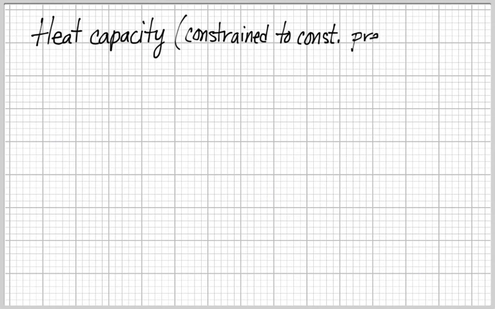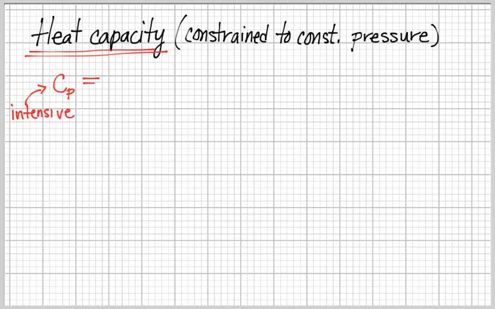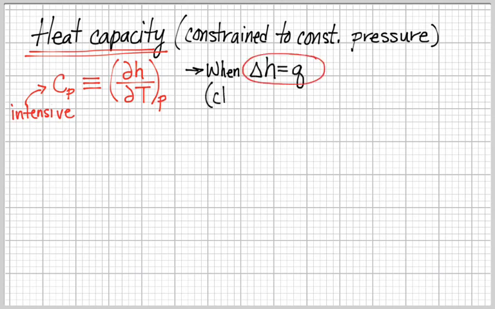I'm going to take now a new constraint on my system for heat capacity, constant pressure. A constant pressure system for heat capacity is going to be Cp. And Cp is also going to be defined as the equivalency of a partial change in enthalpy with respect to a partial change in temperature at constant pressure.